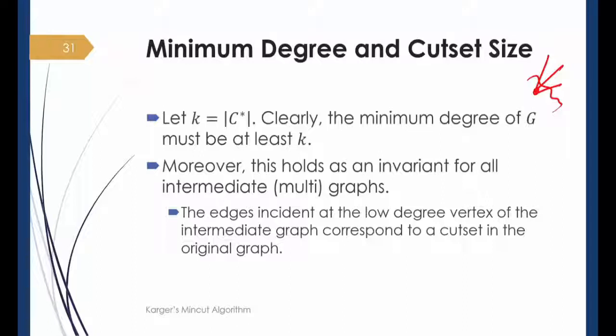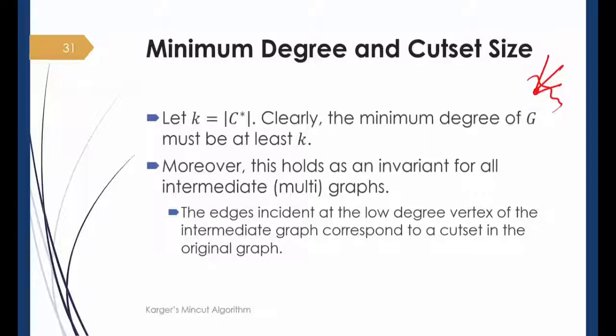This continues to hold as an invariant for all intermediate multigraphs that are produced, because at any point in time, if the degree goes below k, then we have a cut set corresponding to the original graph that can be obtained in this manner.